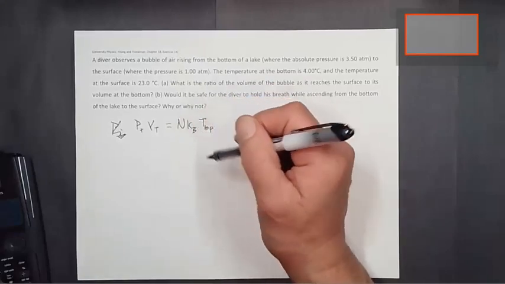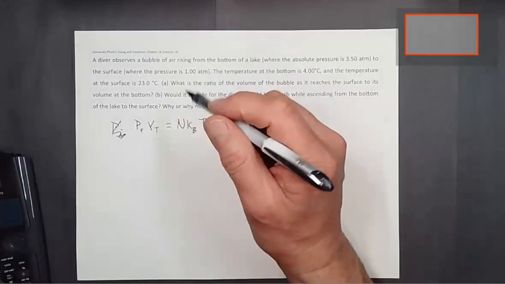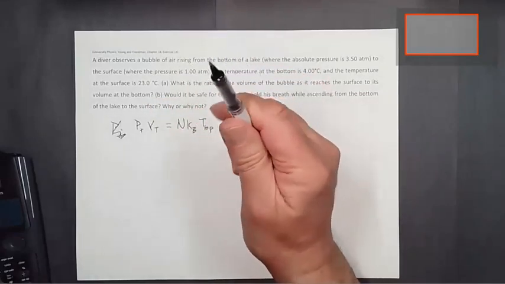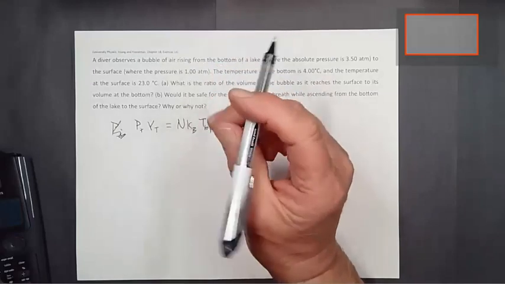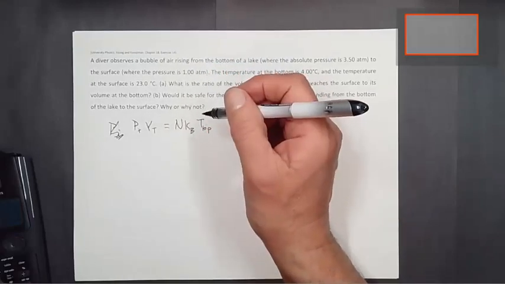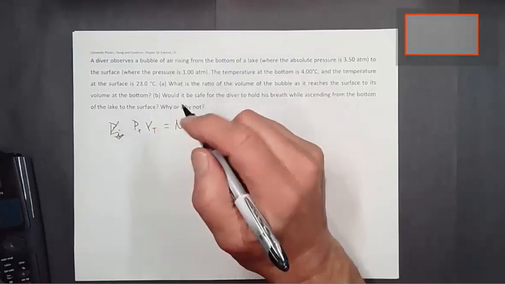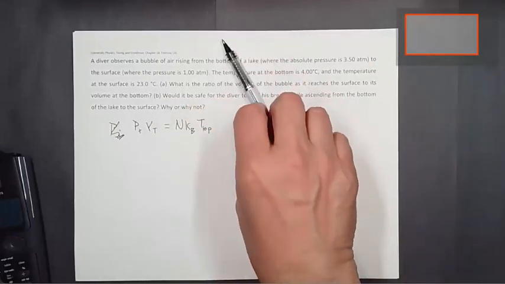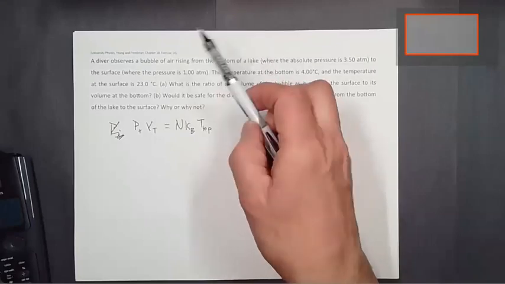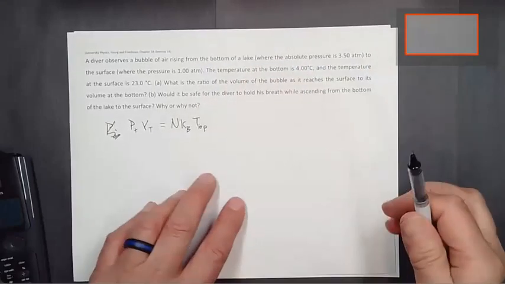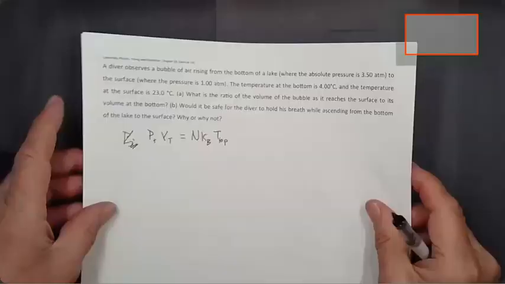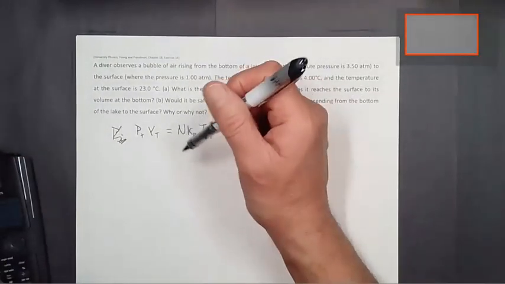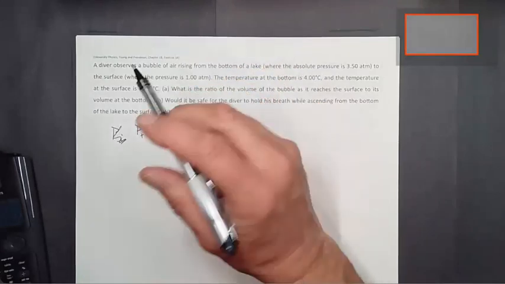The k sub B is Boltzmann's constant. Ludwig Boltzmann was a physicist in the late 1800s, early 1900s, and he was one of the earliest proponents of the atomic model of matter. Even up until around 1900, not all scientists thought the idea of atoms was correct, and Boltzmann very much supported it.